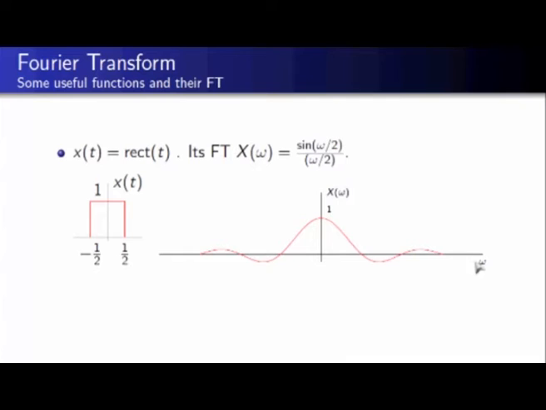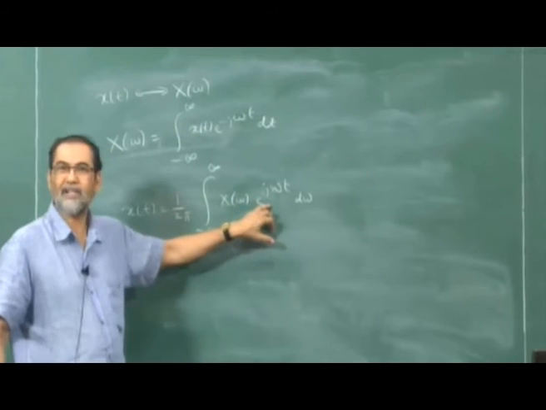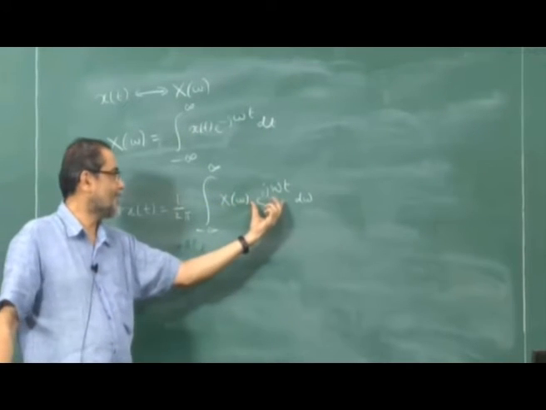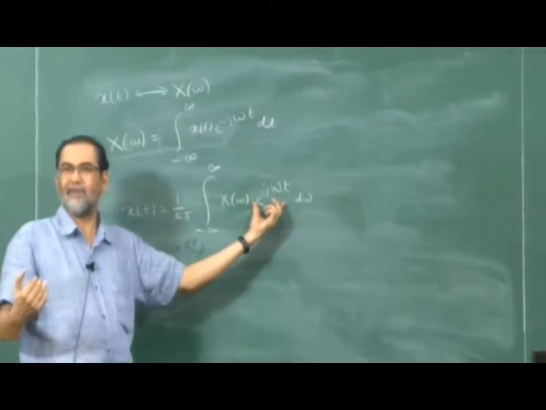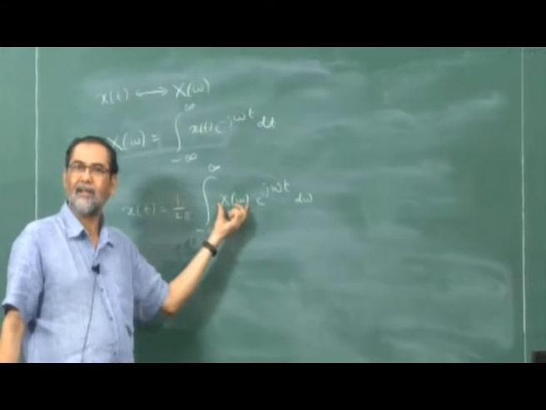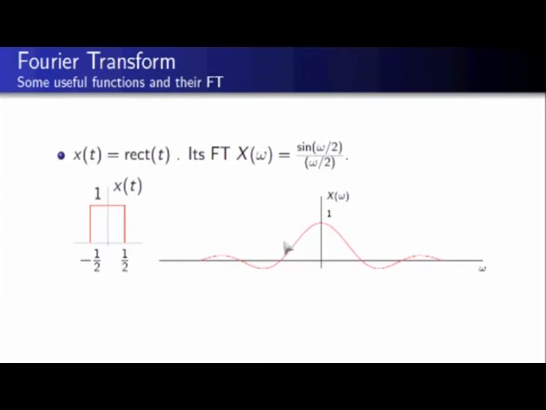In the previous slide I said Fourier transform means that x of t consists of complex exponentials of certain amplitude. In this particular example, it contains complex exponentials of lower frequency, around the origin, and they are more dominant than the frequencies away from the origin, because you see here the values around the origin are bigger, the values away from the origin are small. So that's the idea of this.